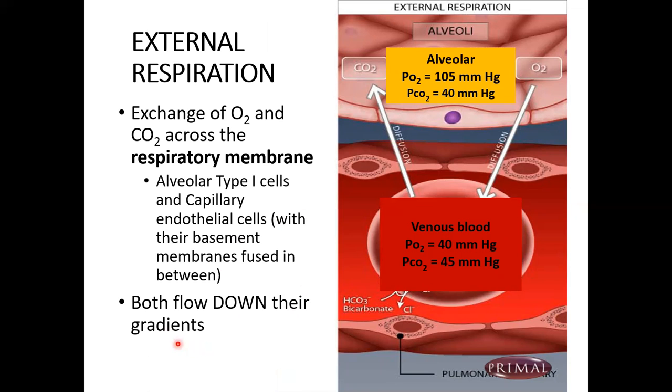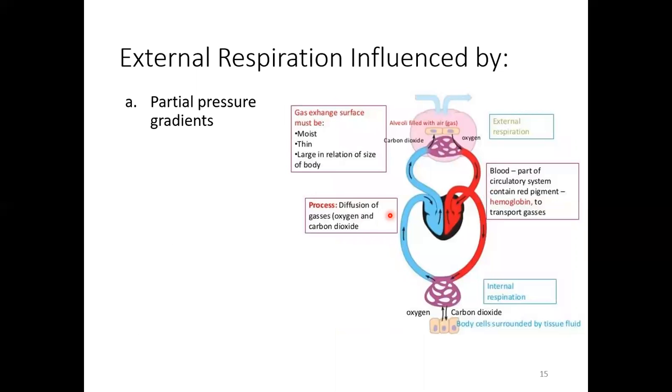So both flow down their partial pressure gradients, and of course they have to flow over the membranes of the alveoli, over the membranes of the capillaries, over the membrane of the red blood cell, right? So lots and lots of diffusion happening. And this is why we can't just wait around for active transport. We need this to happen right away. And so this is simple diffusion.